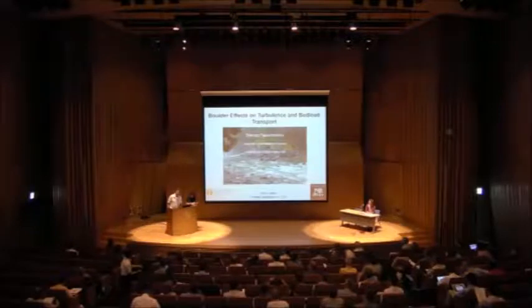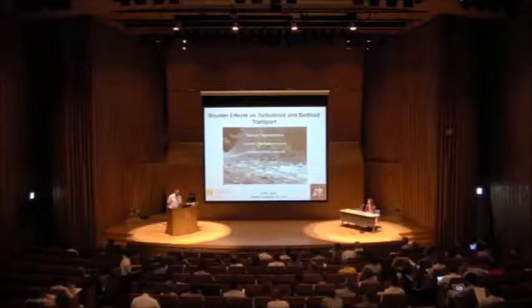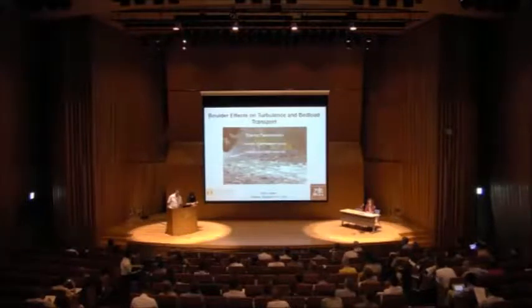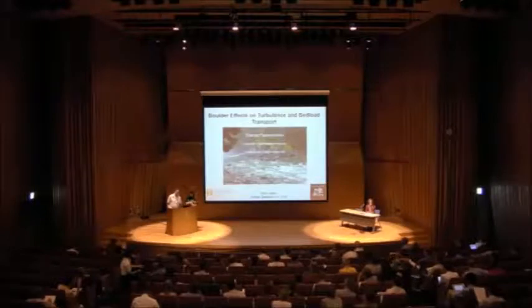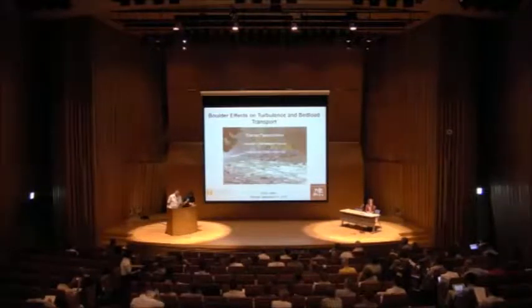A caveat there is how we define the tau star critical, that we defined it probabilistically. That puts us comparatively at a lower value compared to the Shields parameter. So in many ways, what I presented here today is about 1.5.